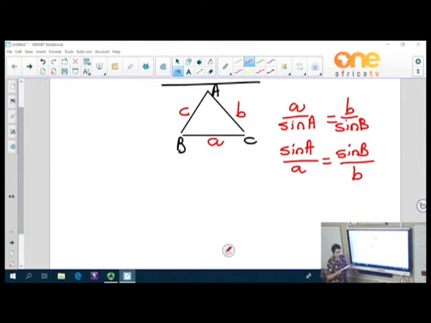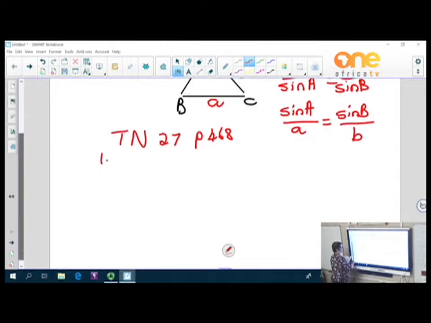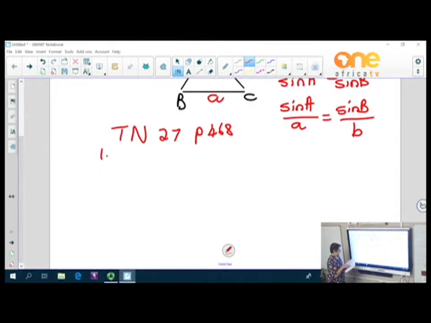Now in your textbook, you'll find it starts on page 467 where they explain it. And we're looking at Try Now 27, page 468. They haven't drawn the triangles for you, so first we're going to draw them so that we can see what we are talking about.